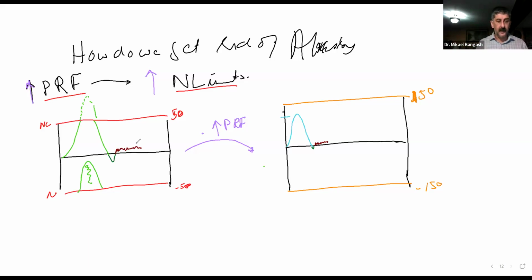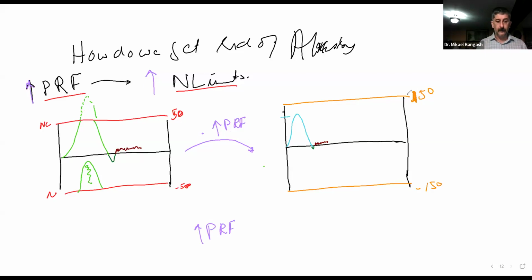Because what was it that we said increasing the scale or increasing the PRF would do? It helps us get rid of the aliasing, and that's what we see here, that we increase the Nyquist limit.